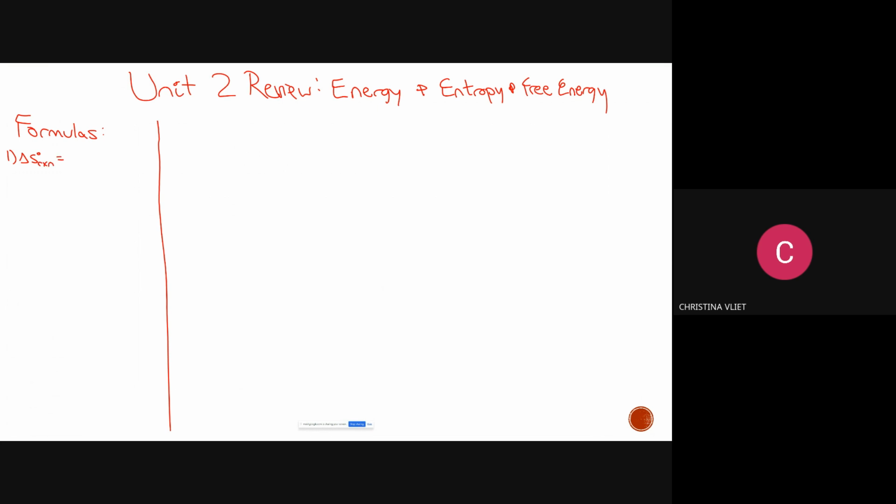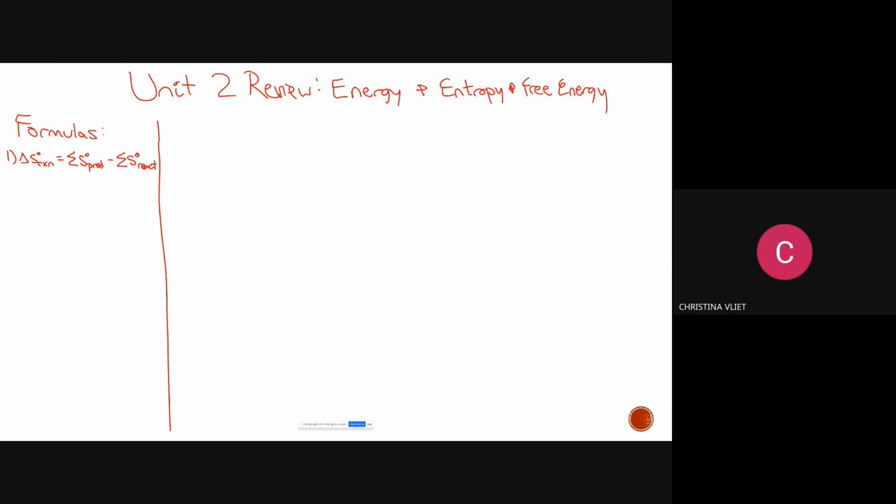You get this from taking the addition of the entropies of your products and subtracting the entropies of your reactants. So it's products minus reactants, but the official formula is the summation of the S of your products minus the summation of the S of your reactants. And that's the entropy for a chemical reaction.